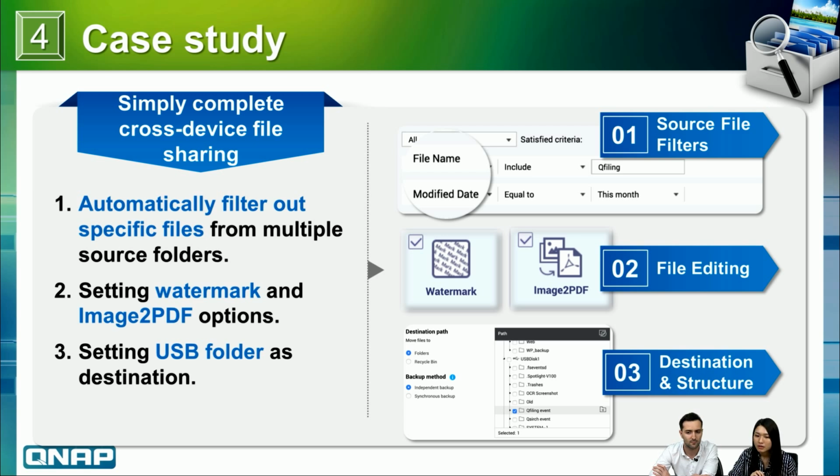And I want to share it by USB device. That can also be chosen, just by directly selecting the path. So you get the watermark on the photos to protect them, you can directly put them into a PDF, and the destination path is the USB, recognized directly.